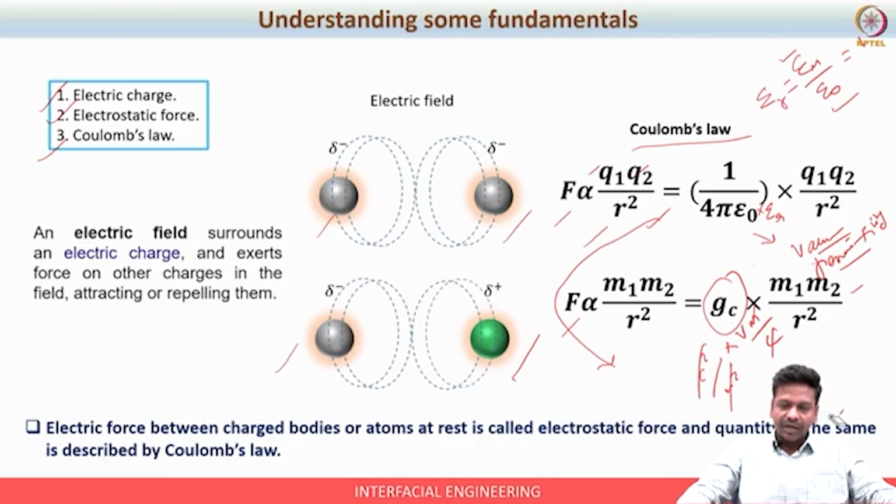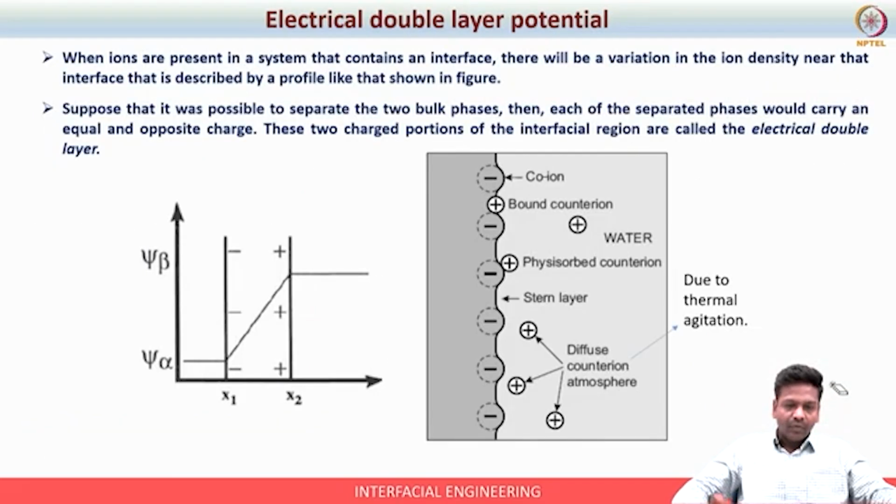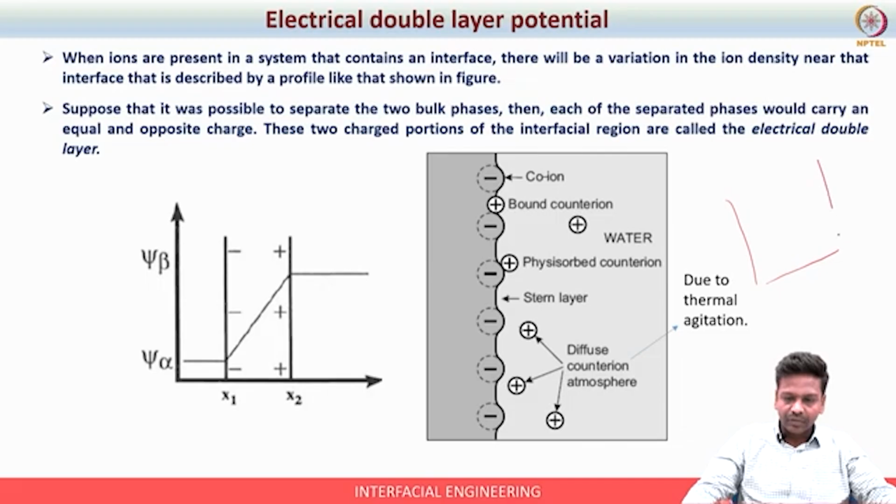So you can see for yourself that the unit of this will be simply Newton. Okay, right. So now we will move on to what is known as electrical double layer interaction or potential. So whenever you deal with an electrolyte medium, let's say you have a container with the electrolyte medium, and a salt like NaCl, with Na plus and Cl minus distributed throughout. The entire solution will be distributed with these counterions and coions of the salt.